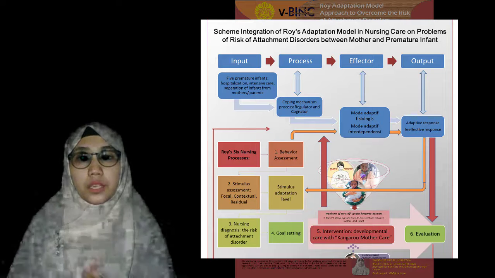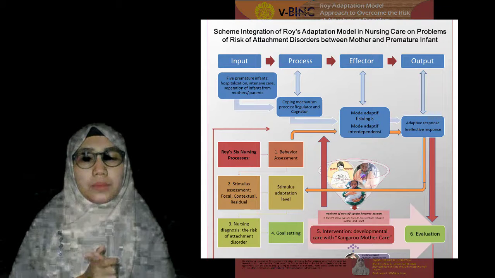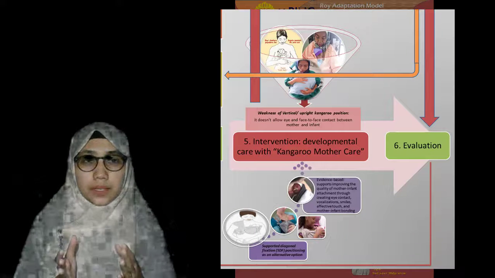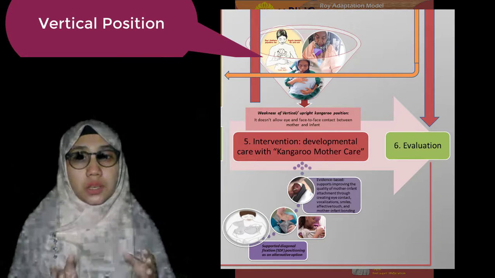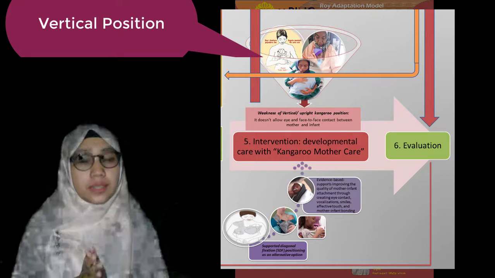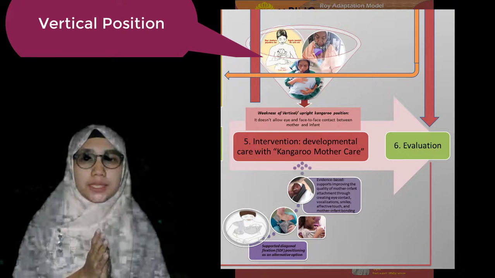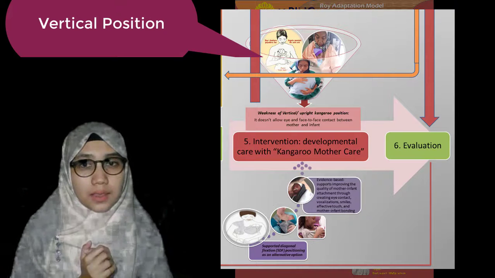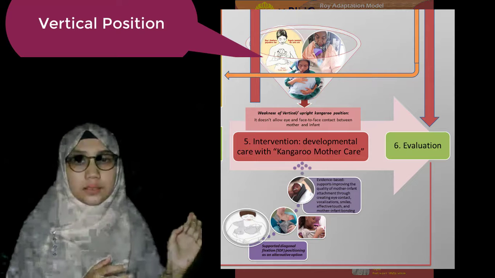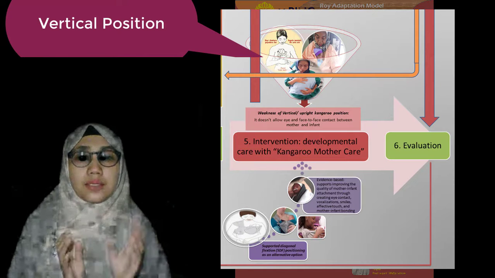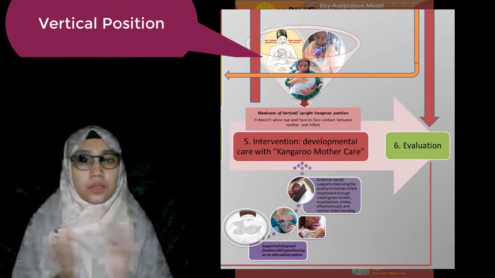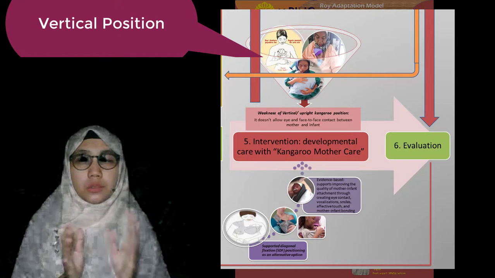Based on the evaluation of the implementation of KMC using a vertical or upright position, it also turned out that efforts are still needed to improve the quality of interaction between mother and premature infant. Why is that? Because the use of this vertical position doesn't support face-to-face and direct eye contact between mother and infant, so it feels that the interaction is not optimal.